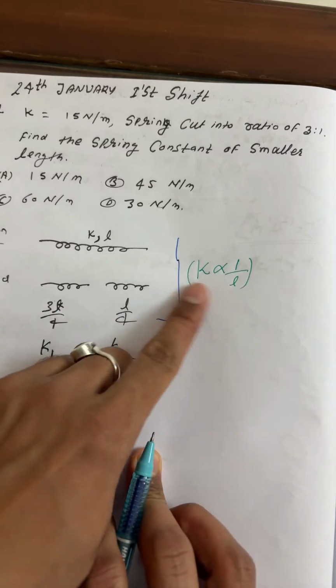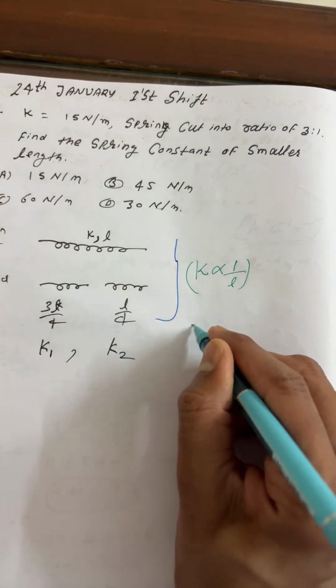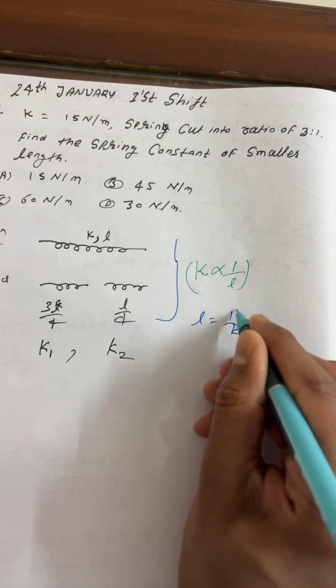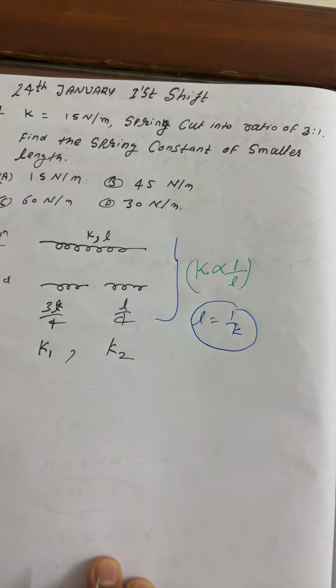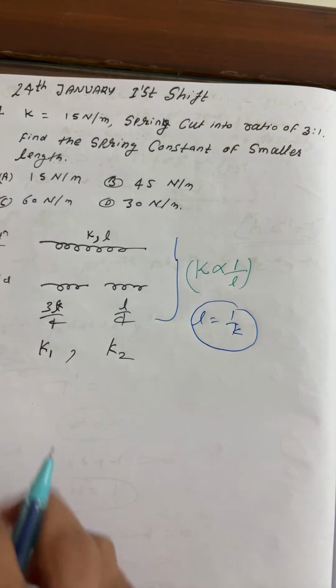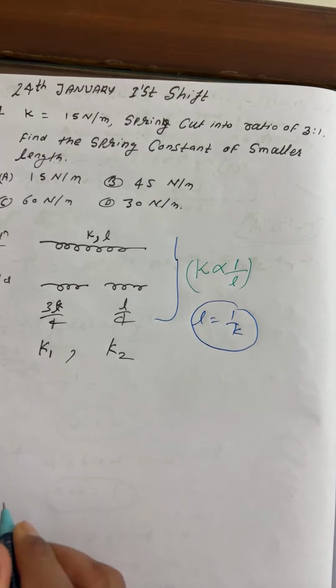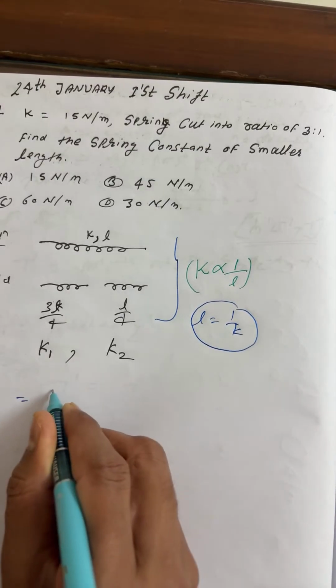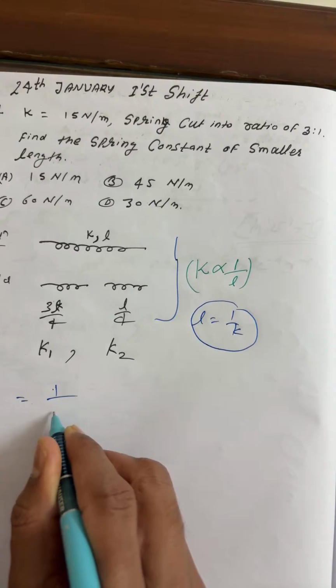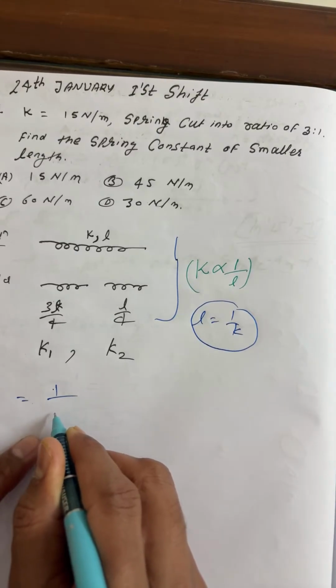K is inversely proportional to L, so L equals 1 upon K. We wish to find K1, which is 1 upon L1.